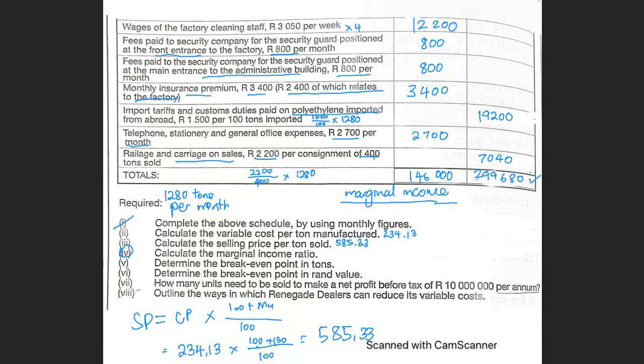So it's your marginal income over your selling price per unit, or your sales per unit. Your total sales can also be your denominator. Remember, it's just depending on the information that you have been provided with.